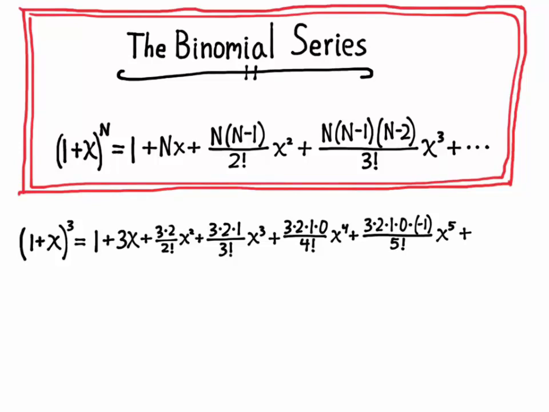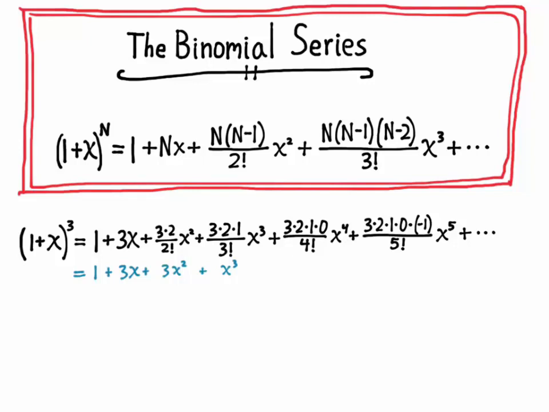And you can see that although this pattern goes on forever, we're going to always have a 0 in the numerator. So it really does truncate. There are only 4 non-zero terms, and they come out to the familiar 1 plus 3x plus 3x squared plus x cubed.